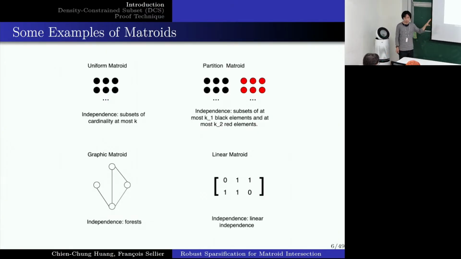I give you a graph, and all the forests are independent sets. But if a set has a cycle inside, then it's not independent. The fourth one is the most general case, which we call the linear matroid. I give you a matrix, and you can imagine the columns to be the ground set. A subset of columns is independent if and only if they are linearly independent. It's well known that the linear matroid includes the three special cases.